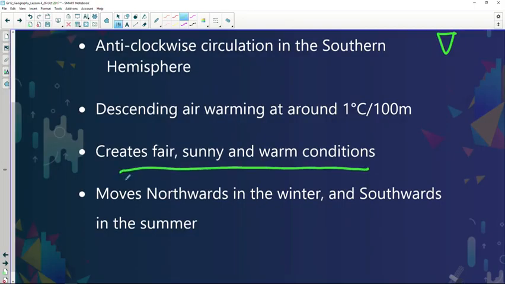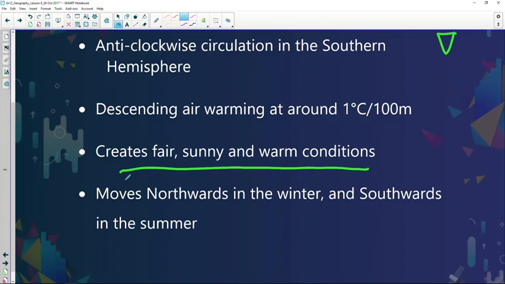So especially the best possible example I can give you that we're going to discuss in detail. If you look at fair, sunny and warm conditions and you live in the interior of Southern Africa, you will notice during winter times we experience these conditions almost every day during winter season. And the simple reason is because of the high pressure system over us, because it's sinking air.